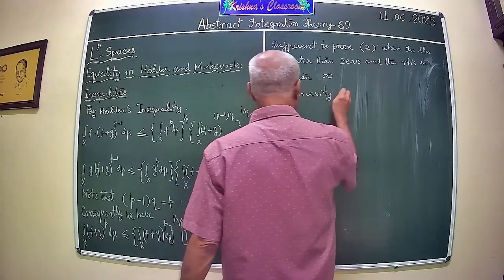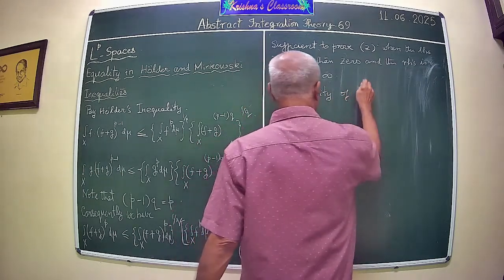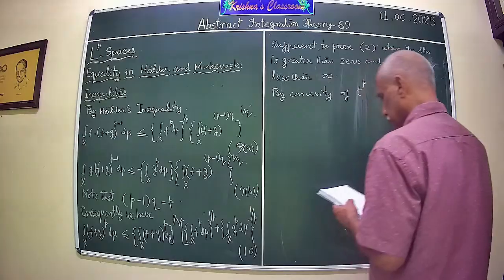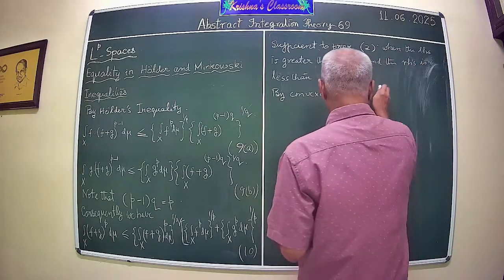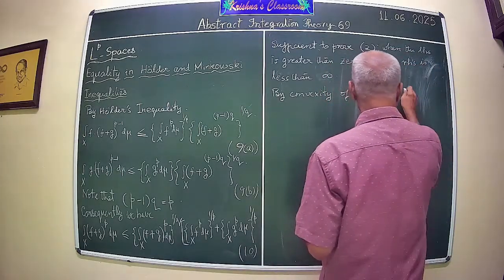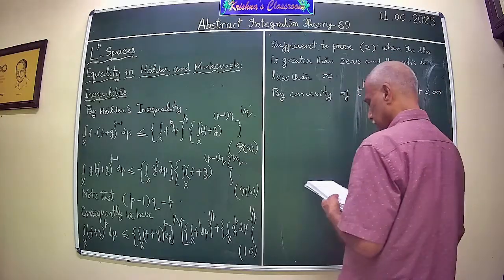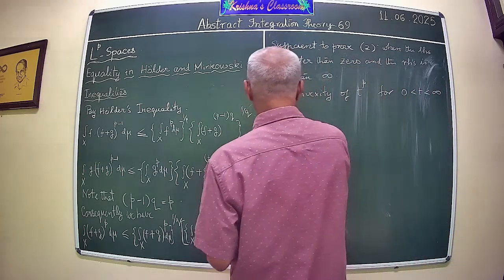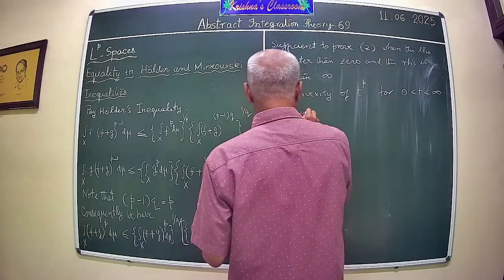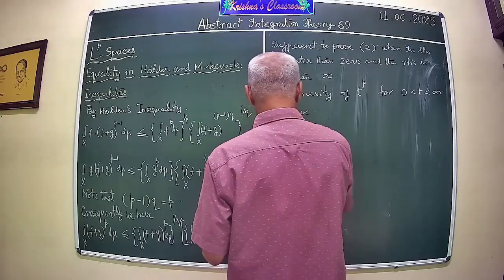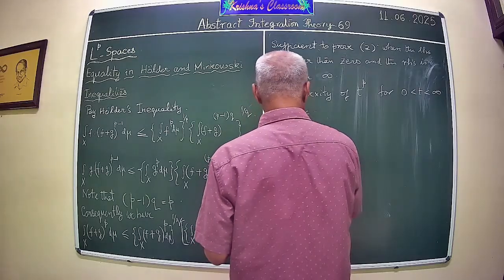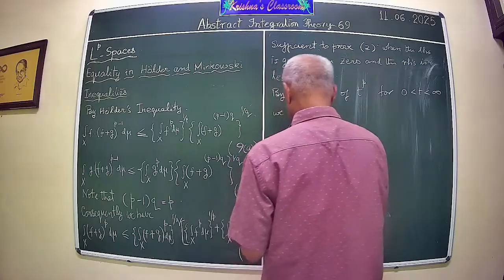p to the power p for infinity, we have again we are just using convexity.